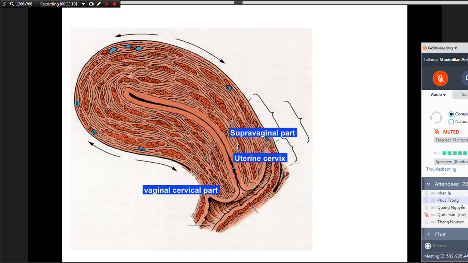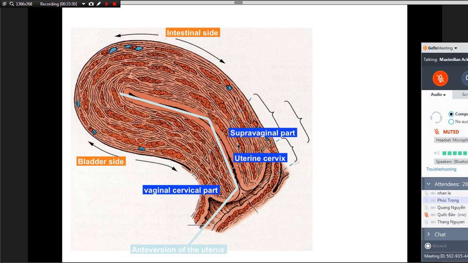Normally, you have a folding, and the folding works that you have the bladder side and an intestinal side, and you have a certain angle there. We call it an anteversion of the uterus. So it's the angle between the vagina and the cervix. Then you have also a folding there between the cervix and the uterus itself.